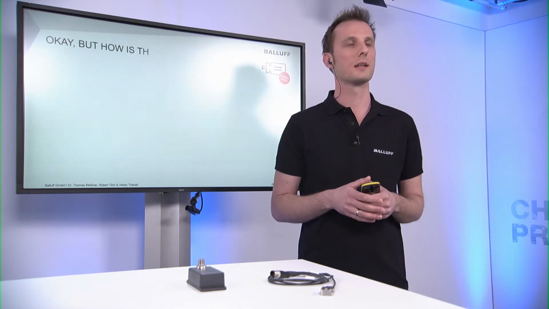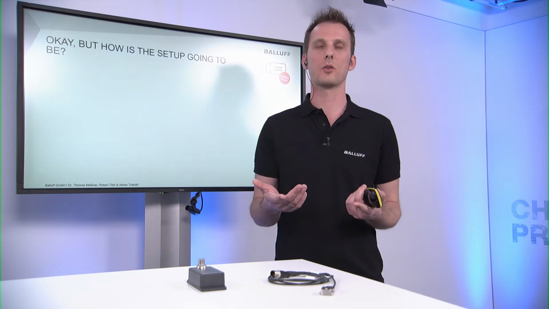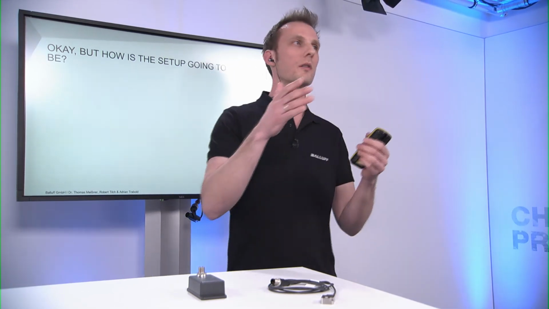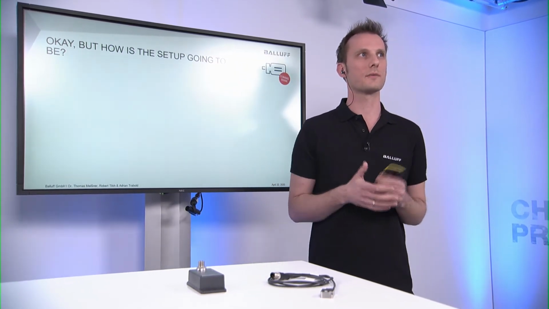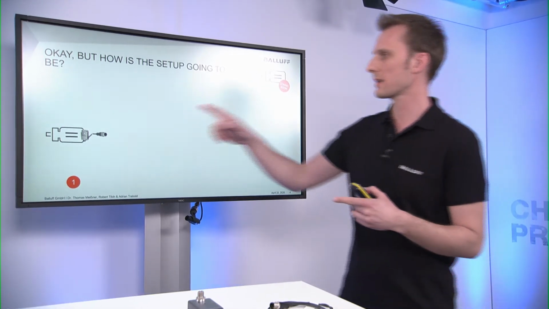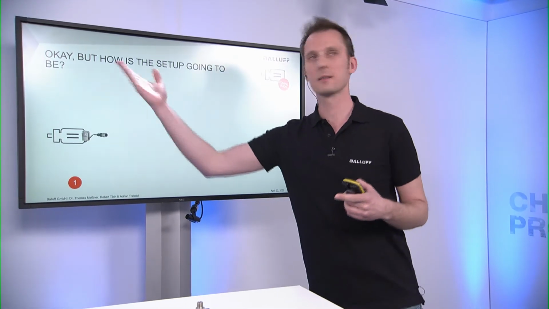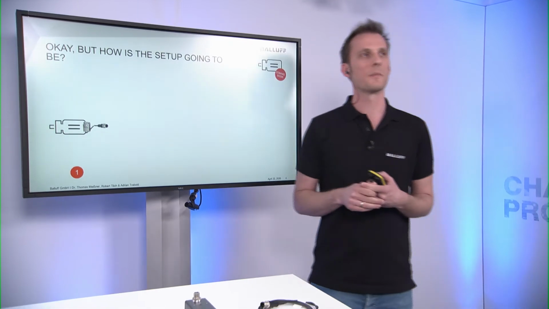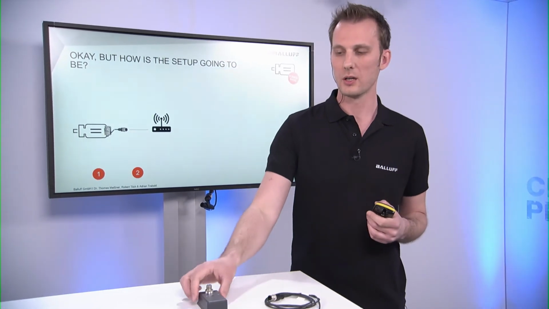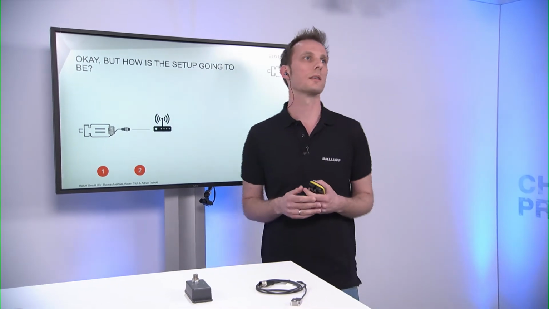Now the question is, how can the system be set up? So from end to end, from the sensor to the cloud and to the dashboard. And it's very easy, as you see now. First, you plug in your sensor to your asset. In that case, we've shown a pump here. Then second, you plug in the sensor to the data box with the M12 connector.